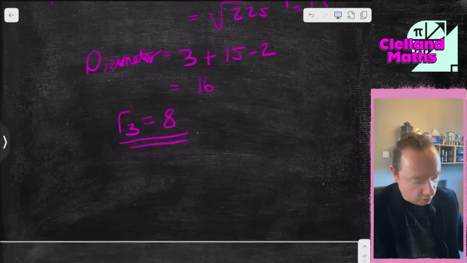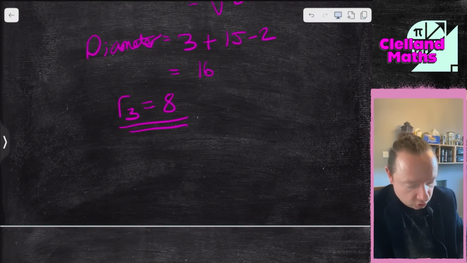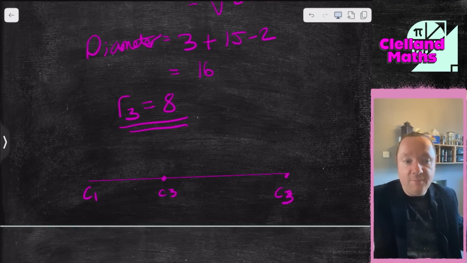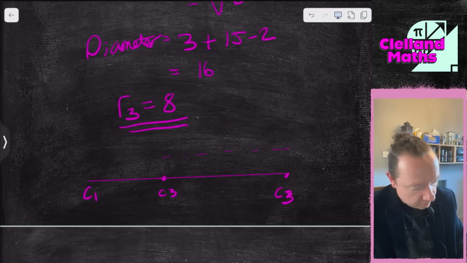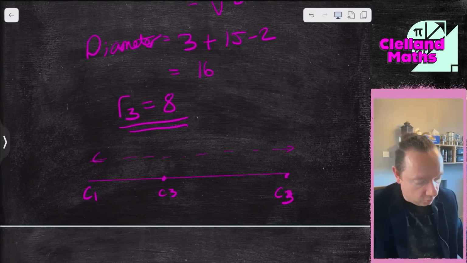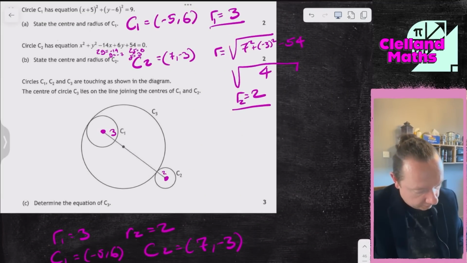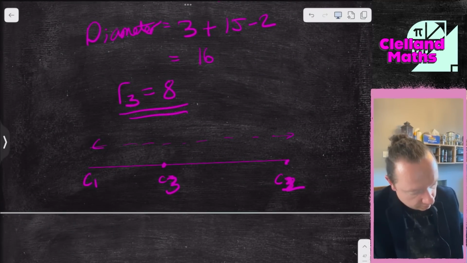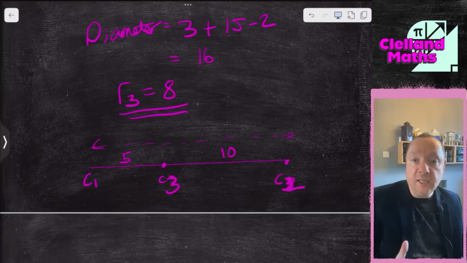I'm going to draw that out on a straight line for you: C1 there, C3 somewhere, and C2, since we know the whole line is 15, and the distance between here and here is 10, then the distance between here and here must be 5.